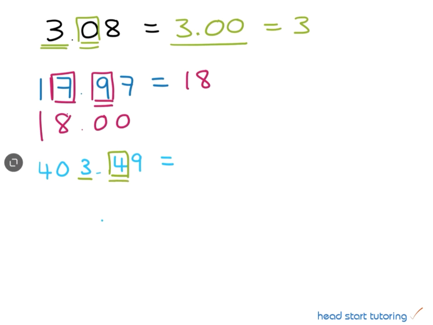If this number to the right of the place value that we are rounding to is 0, 1, 2, 3, or 4, like it was with 3.08, then this value is not going to round up. It is just going to stay the same. So 403.49 is equal to 403.00 or 403 when we are rounding it off to the nearest unit, because 403.49 is closer to 403 than it is to 404.